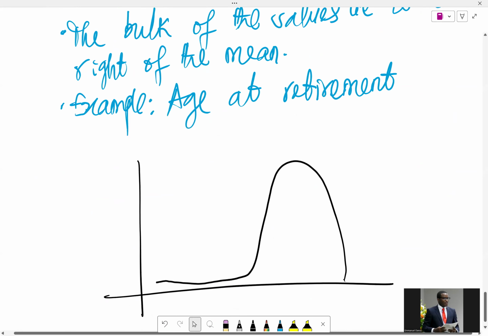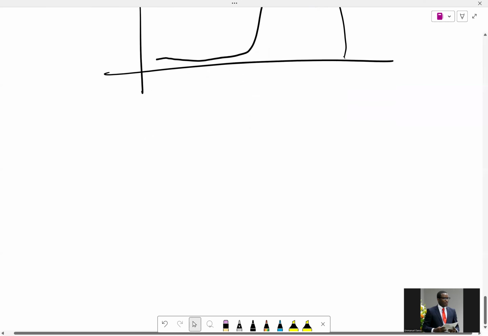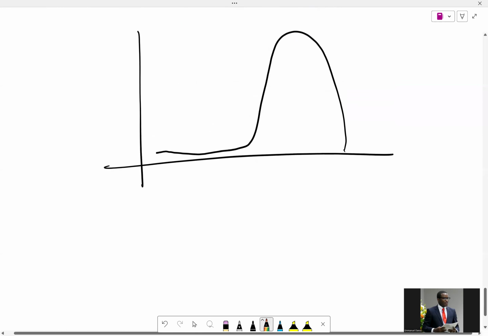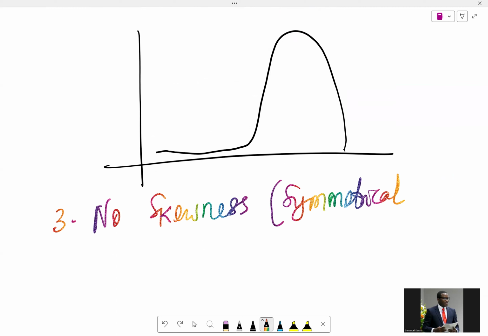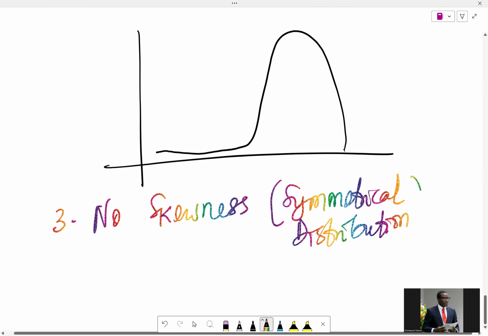So then we have the third type. The third type is no skewness, which you can call zero skew, or you can call it symmetrical distribution. Okay, I want to manage my space, so let me just say symmetrical distribution or zero skew.